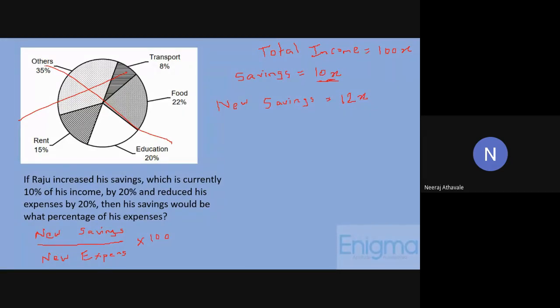I guess many of you had made the same mistake. Okay, perfect. 16.66%.